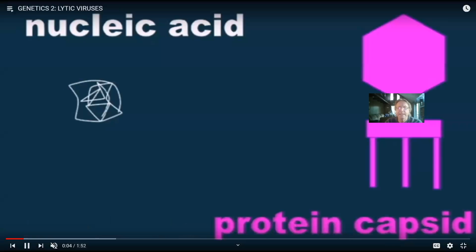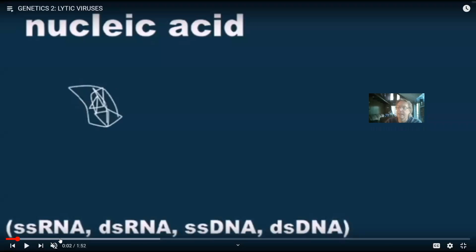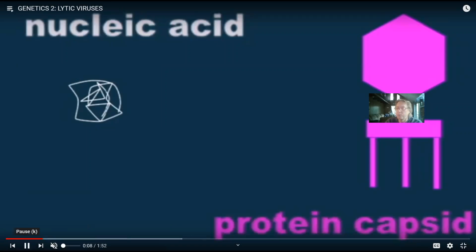The nucleic acid in viruses is interesting because it can be double-stranded DNA, as in the cells of living things. It can be single-stranded DNA, but it can also be RNA, for example in the case of HIV or coronaviruses. It can either be single-stranded RNA or double-stranded RNA. Now, this is fascinating for many reasons. First off, if you're trying to combat the virus, it is useful to find differences between the virus and the human cells.